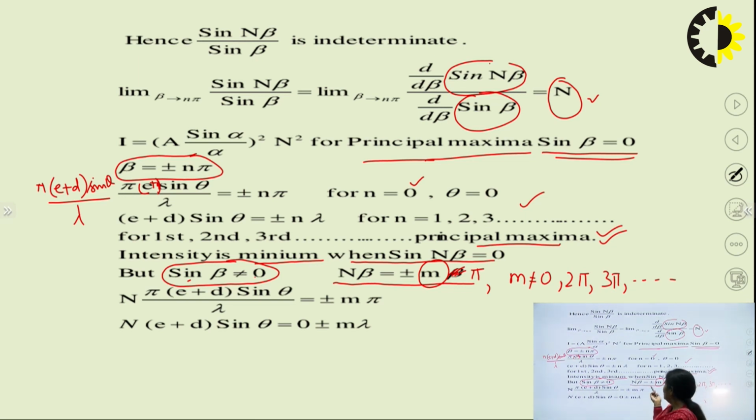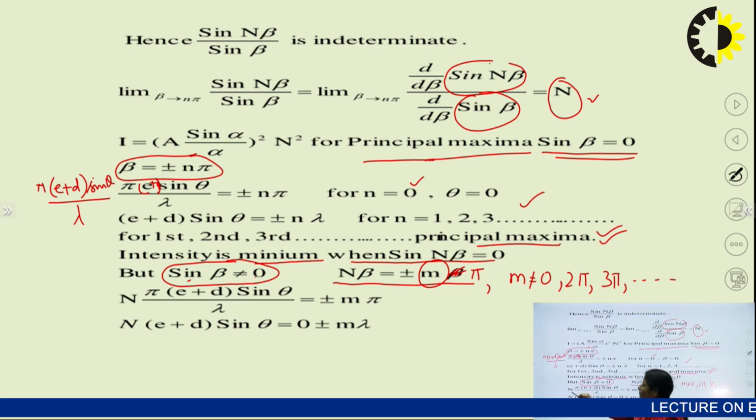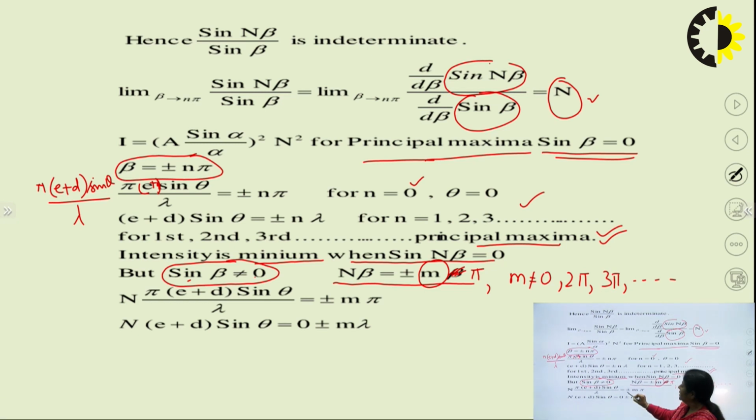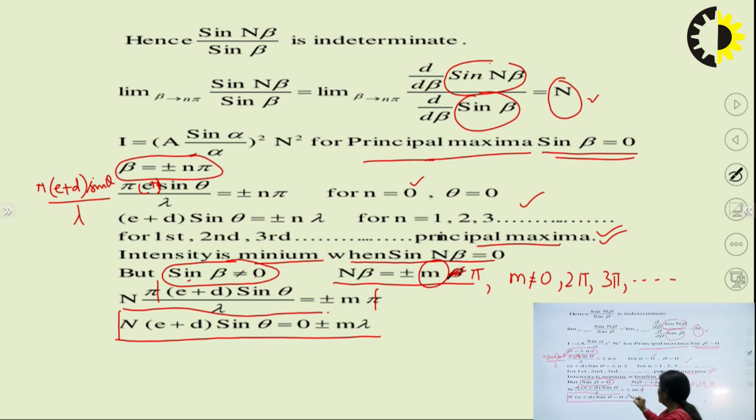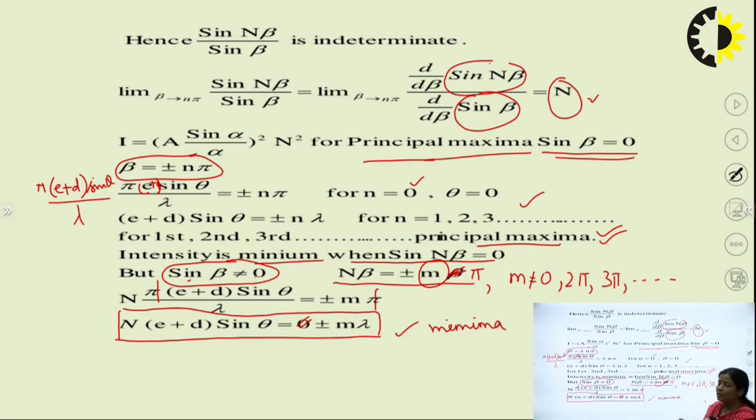So N beta equals plus minus m pi will take us to this expression, where capital N is as it is, but beta is pi times (e plus d) sine theta by lambda, the same expression for beta, equals plus minus m pi, and then pi and pi will cancel off. And we are left with this part, capital N (e plus d) sine theta equals plus minus m lambda.